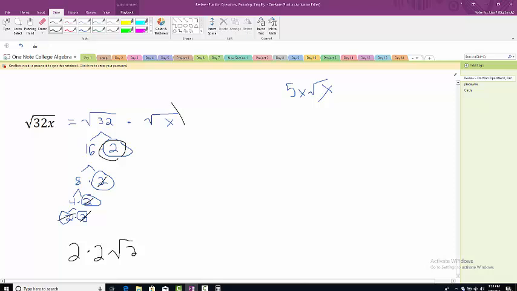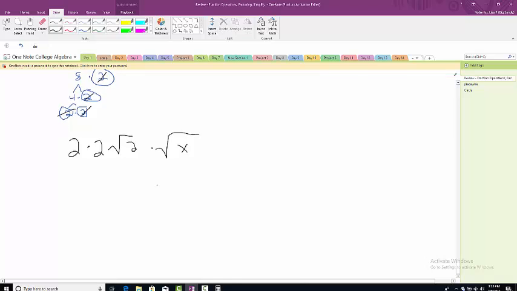Now the square root of x, can't simplify it because there is not 2 of them or more, so it's just the square root of x. Now we're going to multiply everything together. 2 times 2, these are our numbers outside of the radical. Multiply them together, we get 4. Multiply square root of 2 and square root of x, and we get square root of 2x. And that is the square root of 32x simplified.